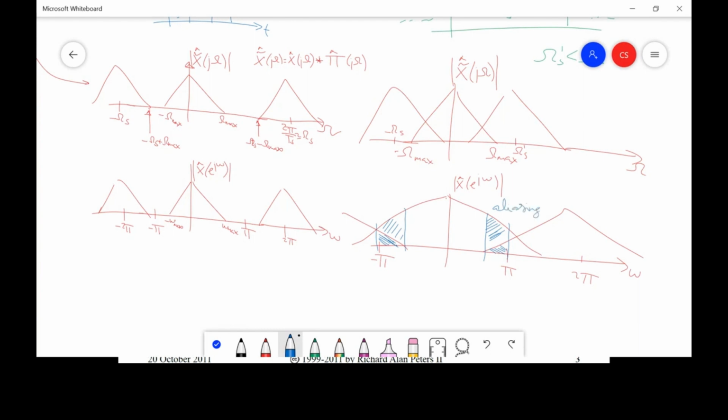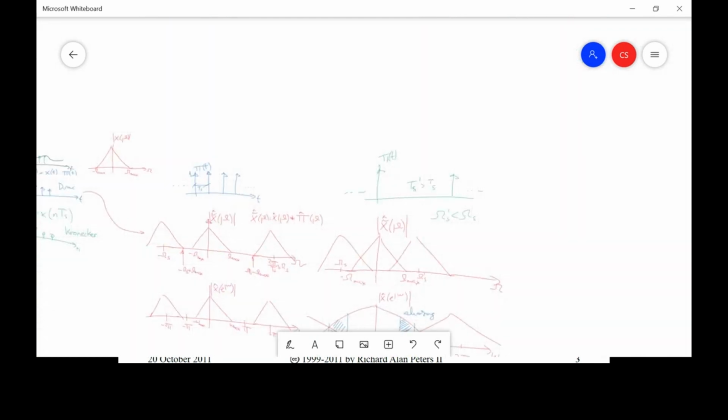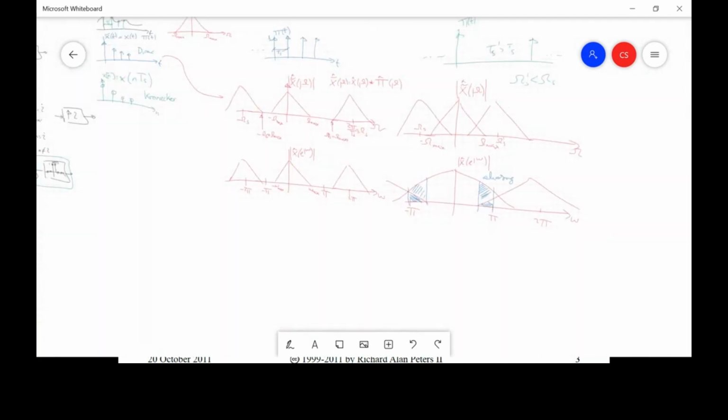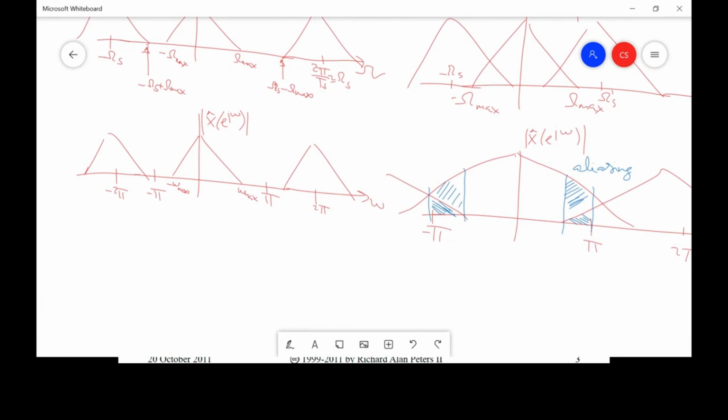Aliasing is an effect that always occurs at high frequency. The problem is caused by a too large sampling period. If you have samples that are very far from each other, then the spectra overlap, and then we have a mixture of the spectra at high frequency.